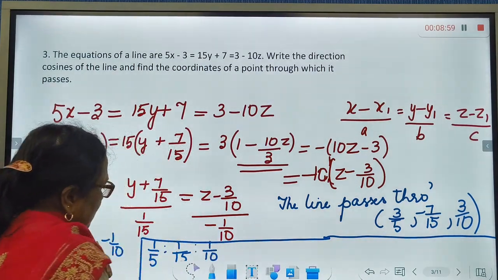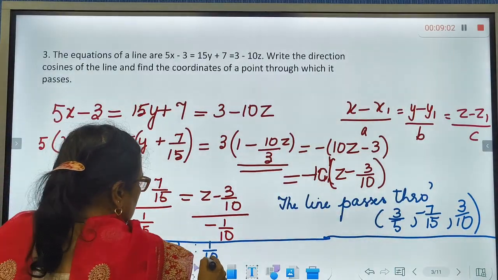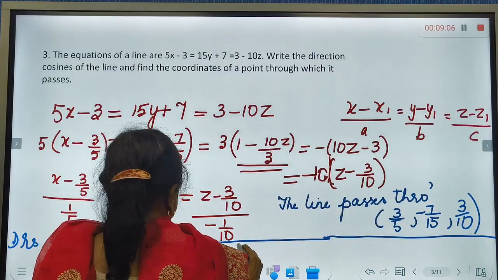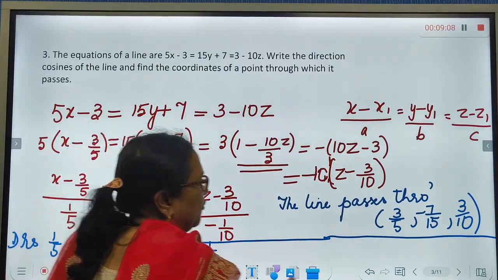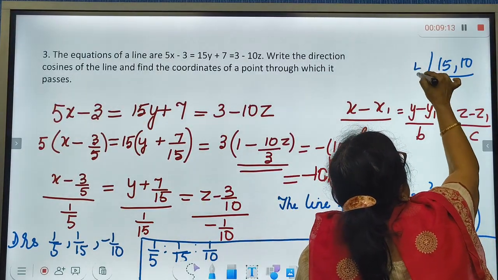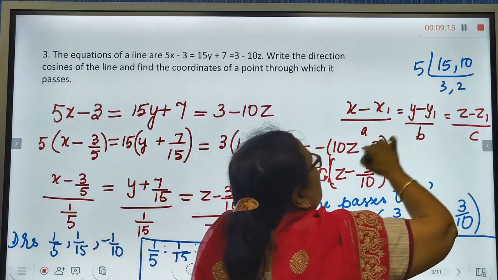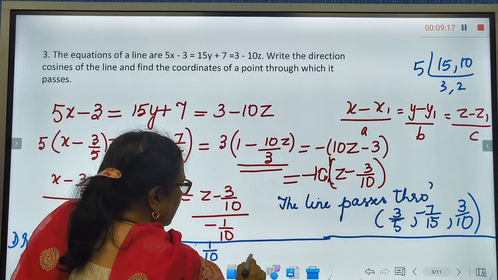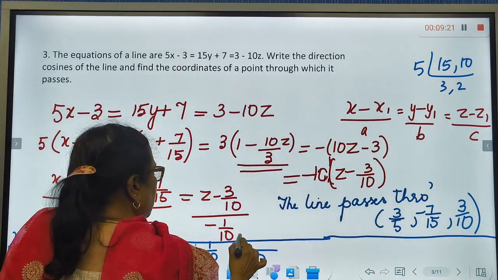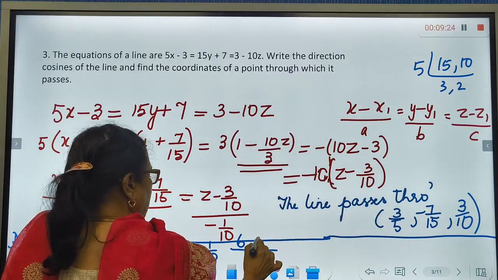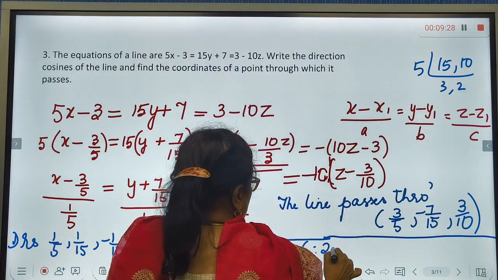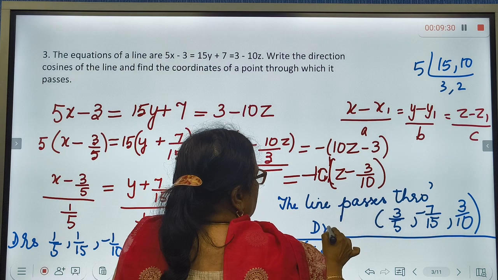Or rather, I will reduce this by taking the LCM of 15 and 10, which is 30. Then I will get 6, 2, 3. So DRs are 6 is to 2 is to 3.